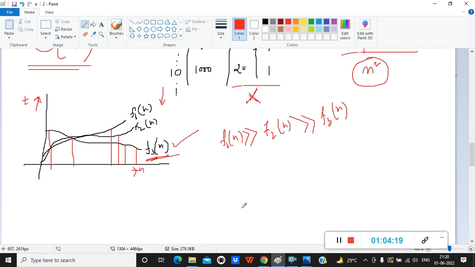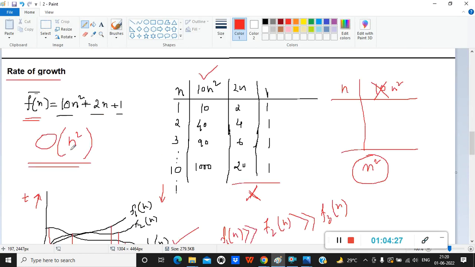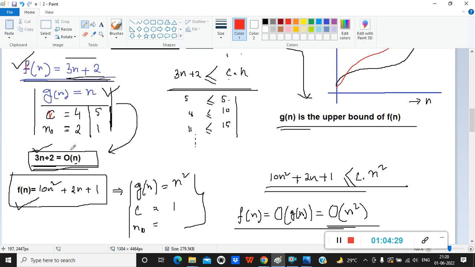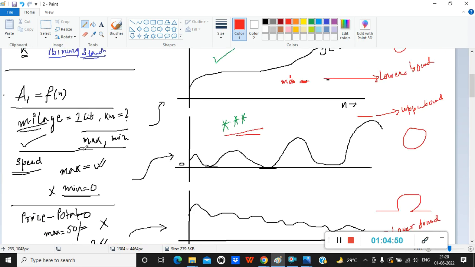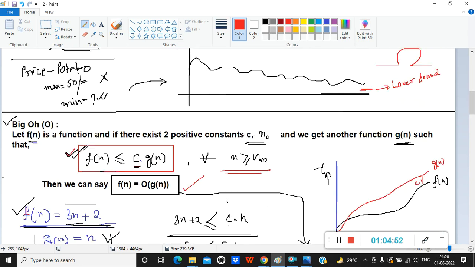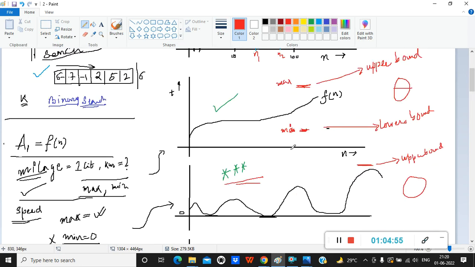Here you have some confusion. Yes, I have some confusion with omega, that we represented omega. We are not discussing omega here at all. We have discussed only big O today. Big omega and big theta are not considered here, so don't mix this up.